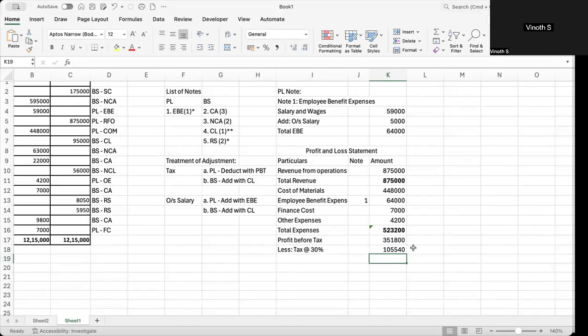So 30% of 3,51,800 is 1,05,540. If you reduce this, that is known as what? Profit after tax. So this is your profit after tax.